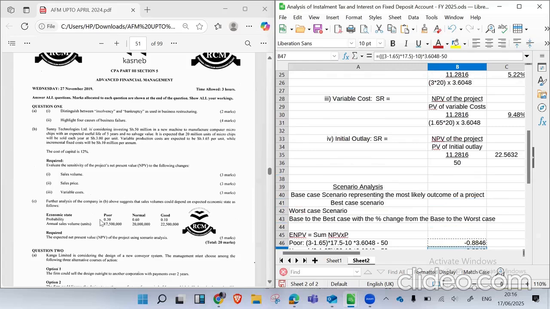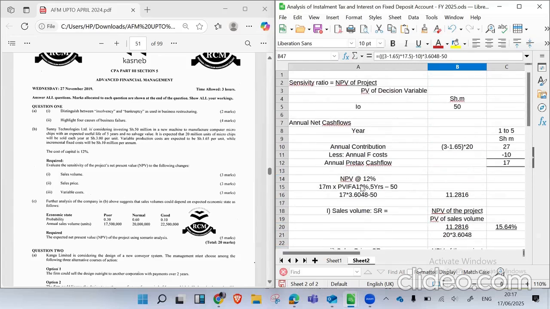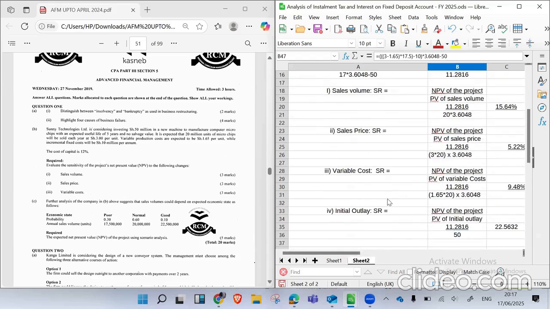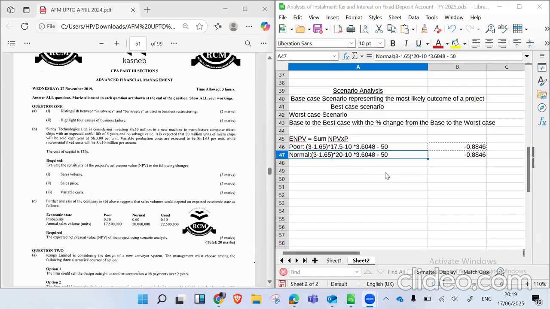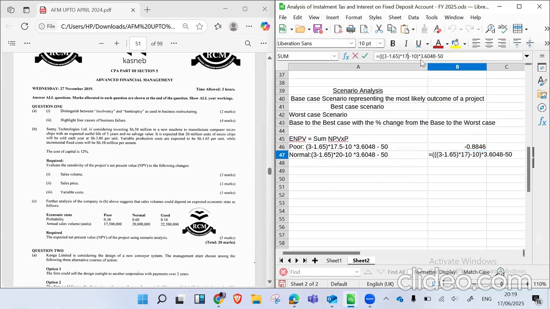The quantity is 20 million. 20 million is what helped us above to get our NPV. So for the normal, it is the same as the question above in part B, because the quantity is 20 million. If we repeat, we expect to get the same answer. Under normal circumstances, you can avoid doing that one.